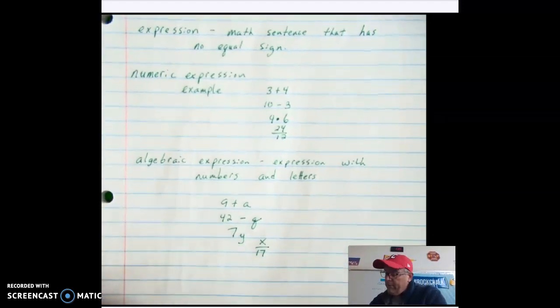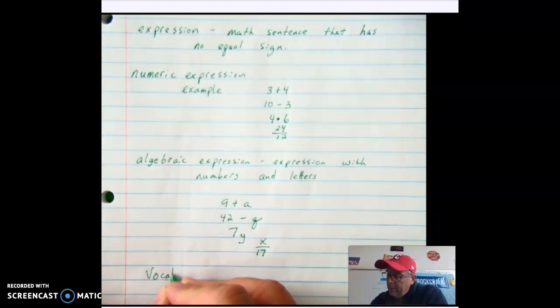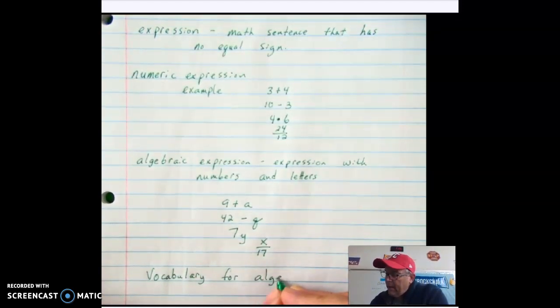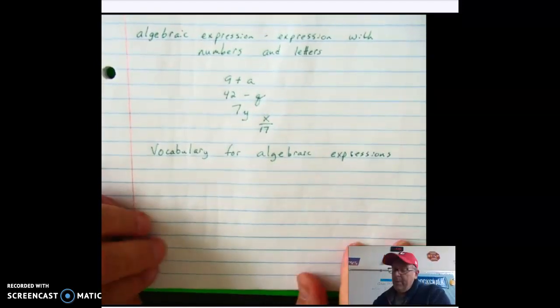Okay, so what we want to do is talk about the vocabulary for algebraic expressions. And if you've done this before, that's great. It's going to give you a step up. If you haven't, then this is definitely something that you want to focus on because we want to use the correct vocabulary.